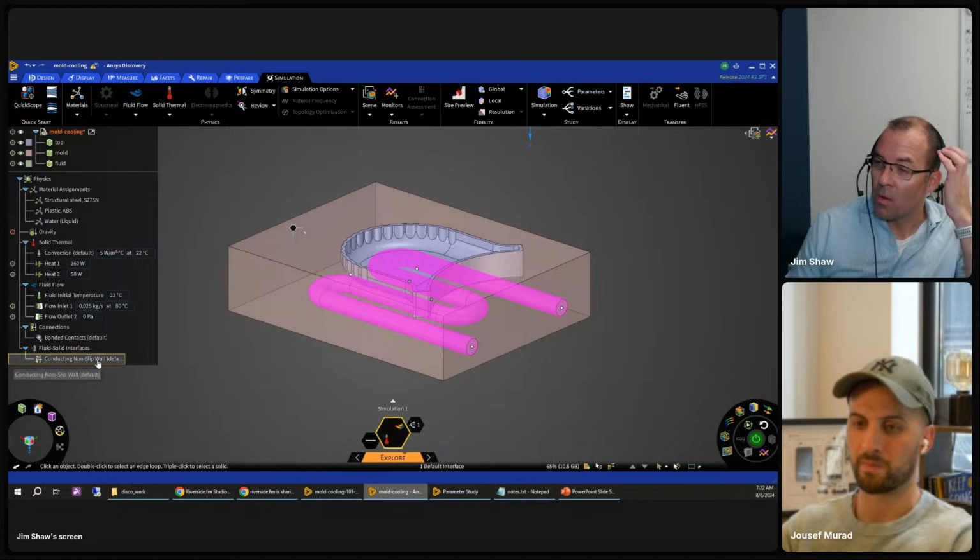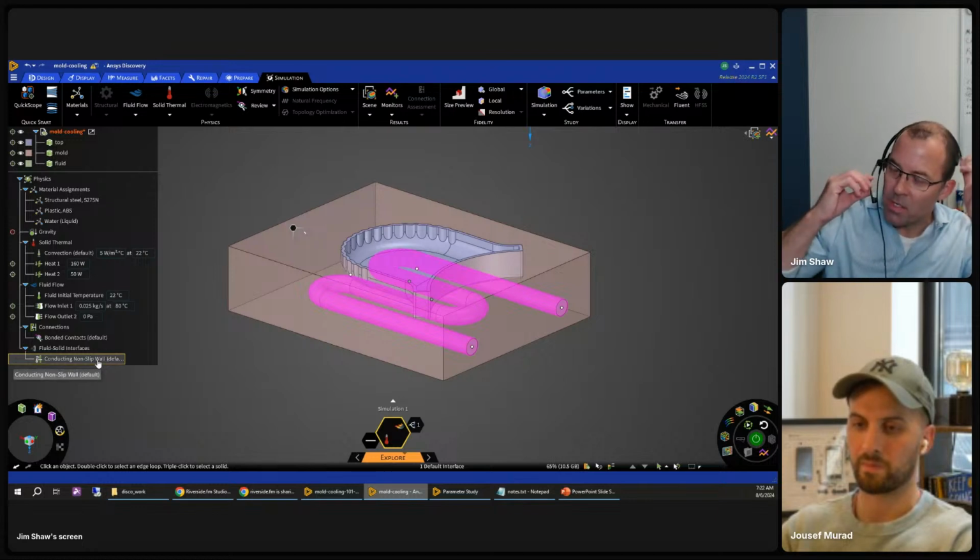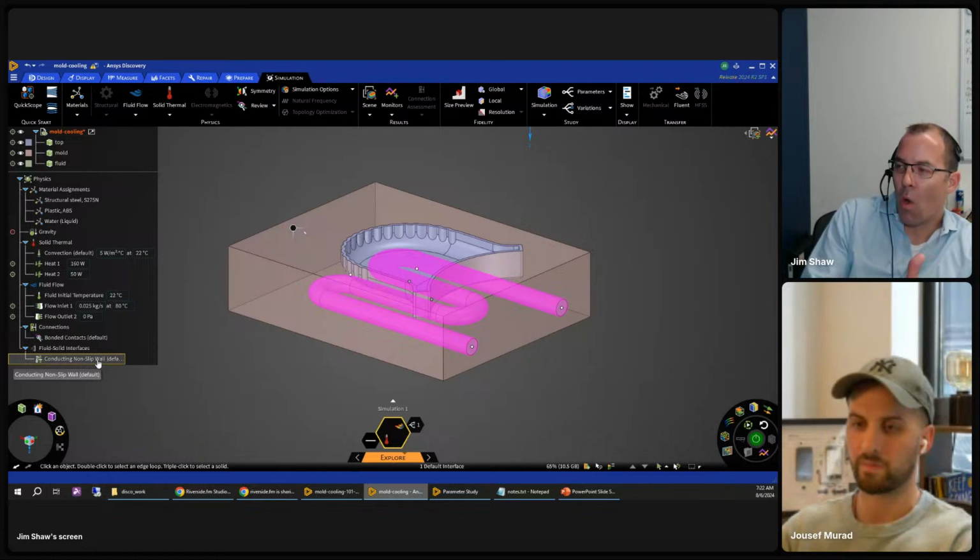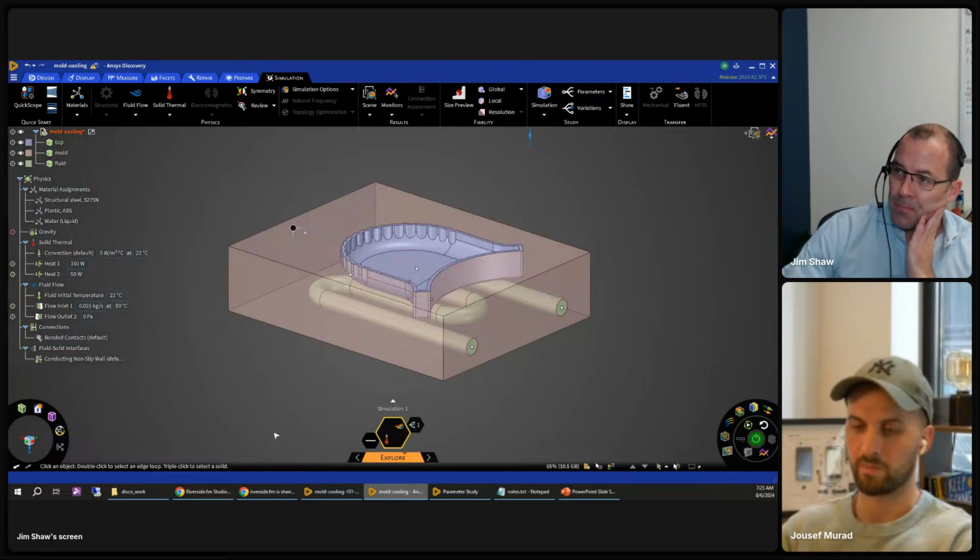Same thing here. We've got a fluid-solid interface, which is really representing the boundary layer right at the edge of the wall inside the cooling channel. Again, this assumes no temperature rise right at that surface. We can always edit that if we wanted to. So I left those relatively straightforward.